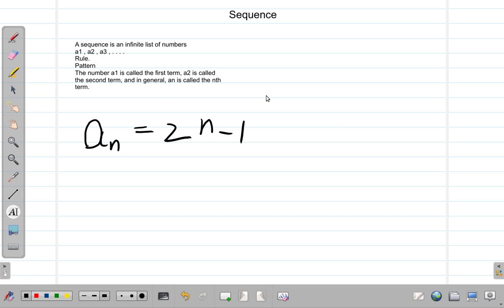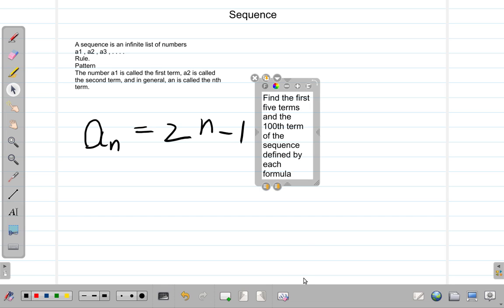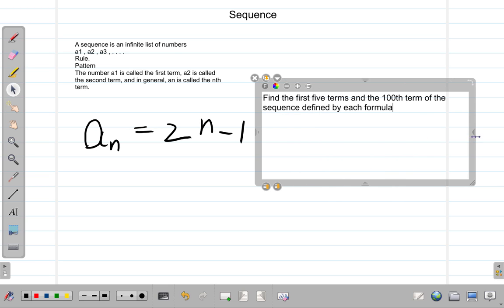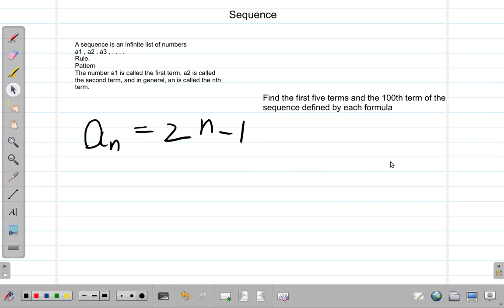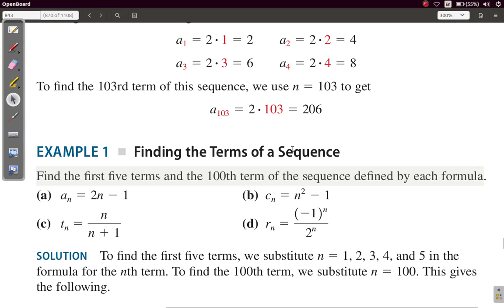Work it out on your own. Let me paste the instructions here. So, take a minute to work this one out. I'm going to also have b, which is c_n. So you see, you can use a_n, you can use other letters, c_n, t_n, r_n, and so on.